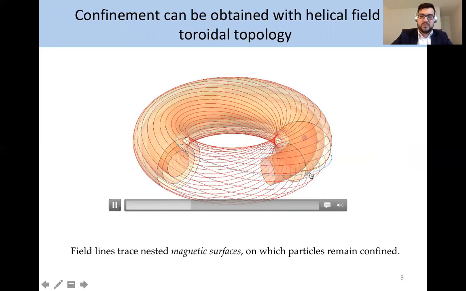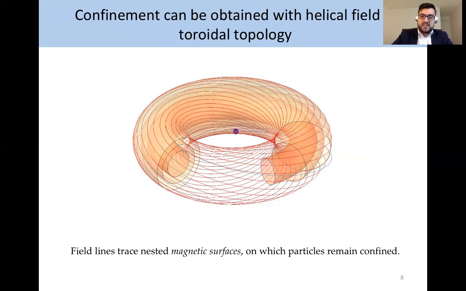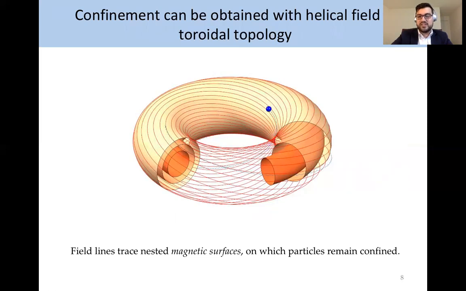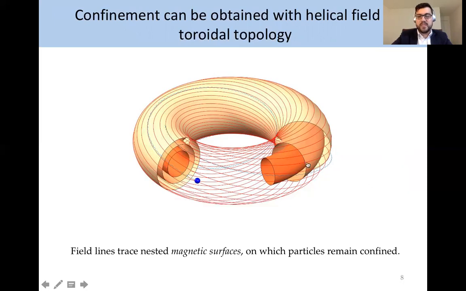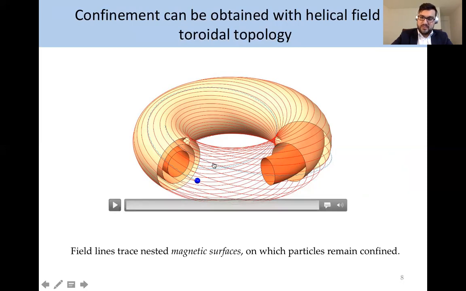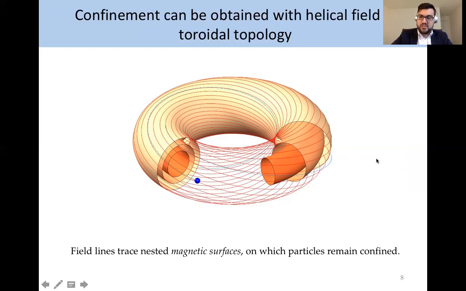They have the cyclotron motion around them, but as they drift, the magnetic field lines take them up and down in such a way as to cancel out the drift. So essentially, the magnetic field configuration shorts the top and the bottom of the configuration, and that effectively cancels the drifts. So that's the type of confinement we're going to be looking at.